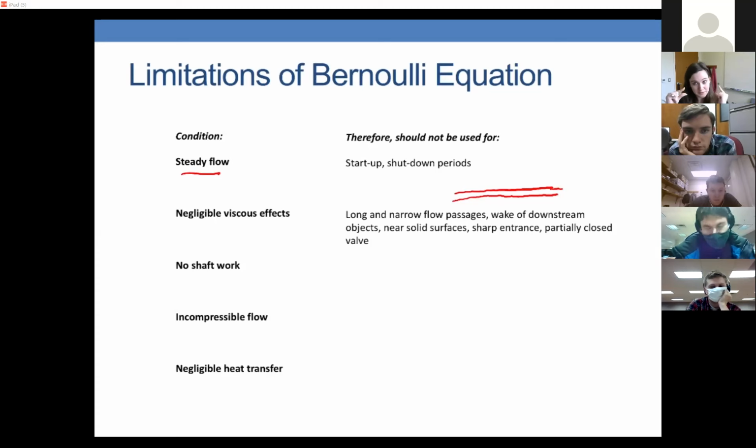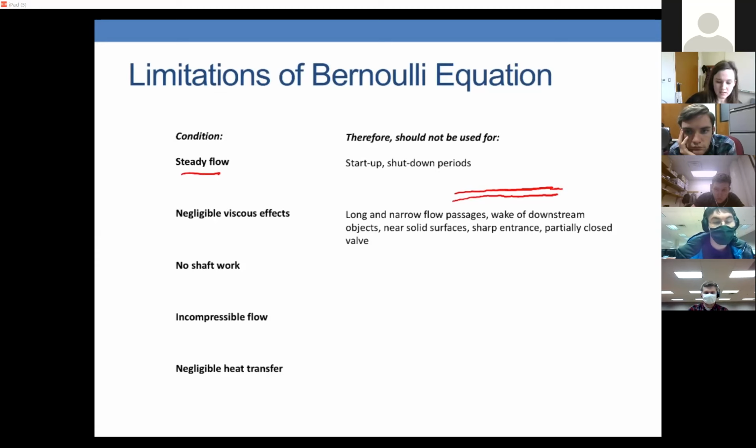Right? The narrower the tube is, the closer all your fluid inside is going to be to the surface, the more viscous effects, the more friction we'll have. And then the longer it is, the bigger that will be. So the longer you go on, the more energy will be lost to friction, which we will talk about more later. But so, long, narrow tubes.